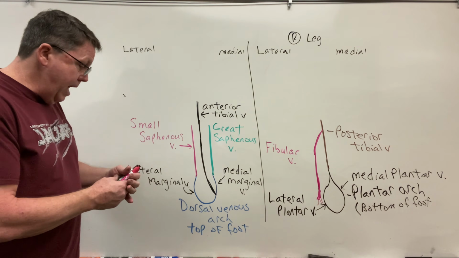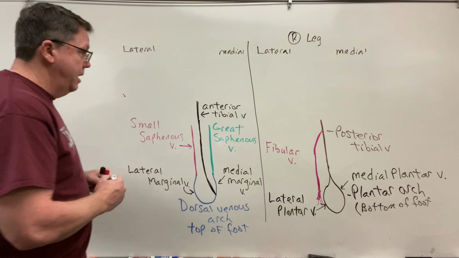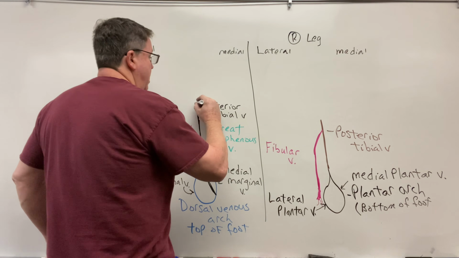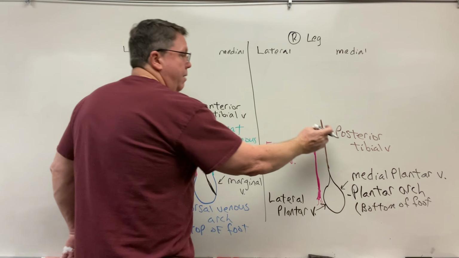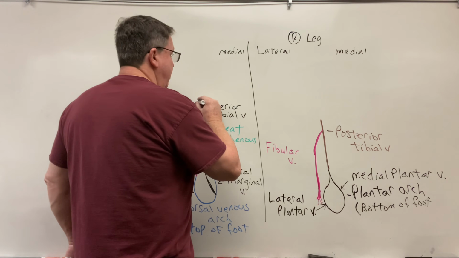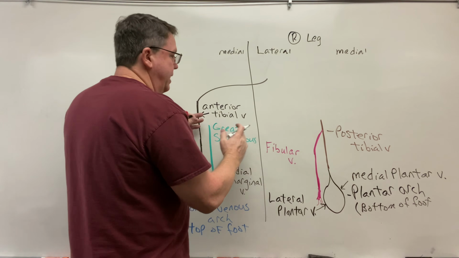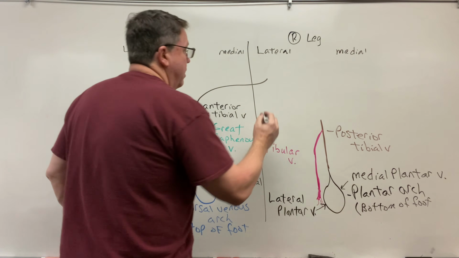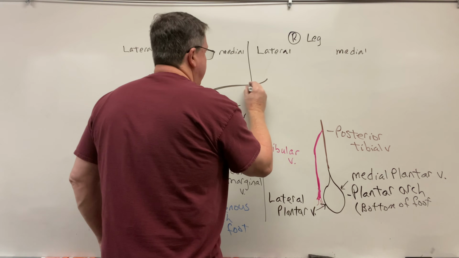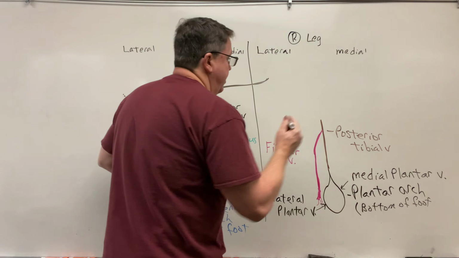So what's going to happen, like we mentioned before, is this anterior tibial vein is actually going to come posterior, and the posterior tibial vein is going to come anterior. So even though it looks like it's going right to left, you have to realize if this is on top of this, one's going back towards the other. Okay, so this would be my anterior tibial, and this would be my posterior tibial.